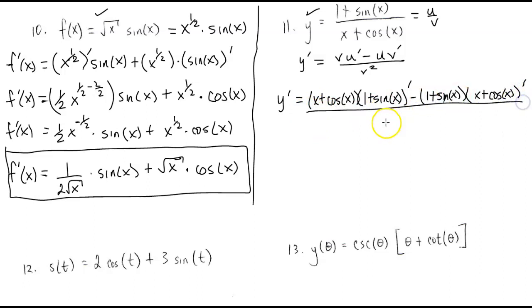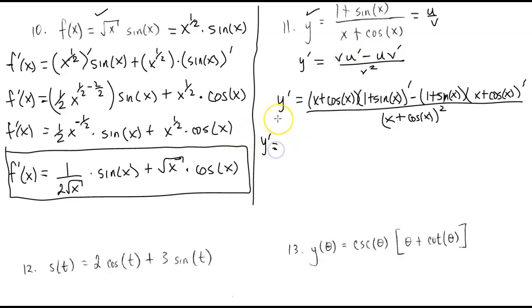All that divided by low function squared. And remember here, we do not want to multiply out the denominator function. We don't want to expand that.